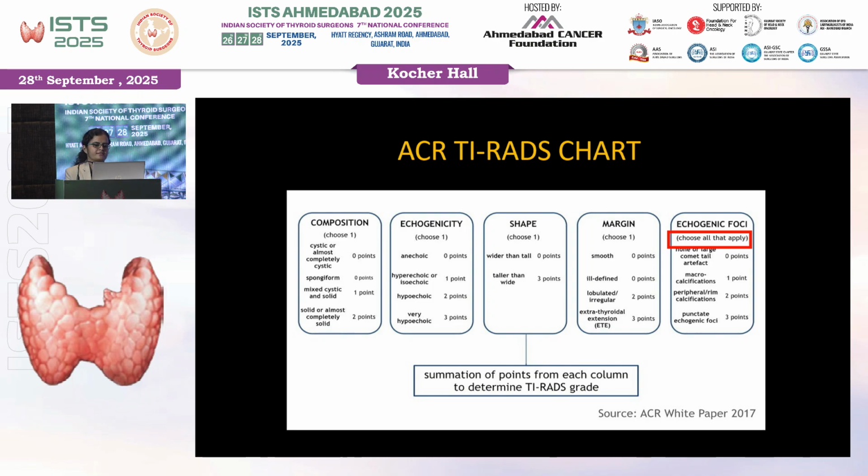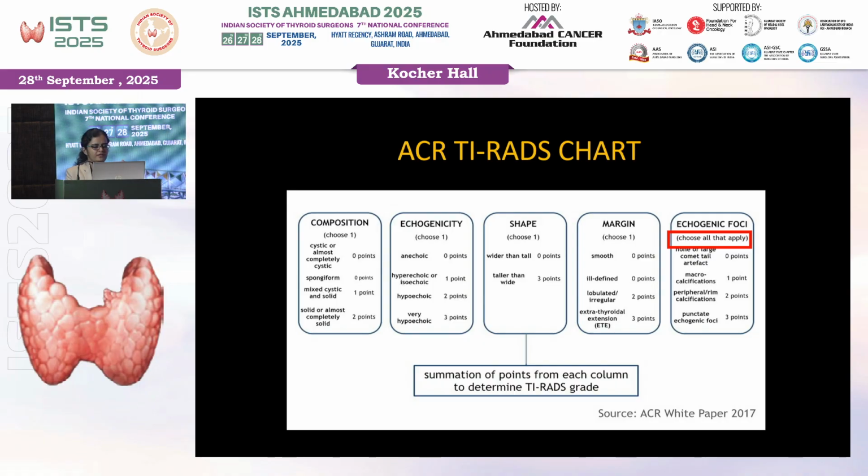An important point here is that echogenic foci is the only category in which you have to give points for all the things you see. So if you see macro calcifications, you give points for macro calcifications. If you see rim calcifications and macro, then you have to add 1 plus 2 and give 3 points. So this is what is available.